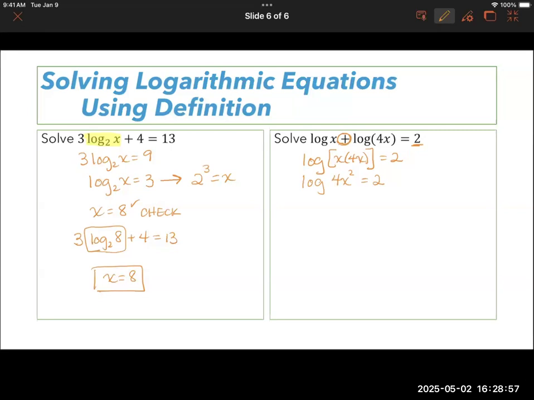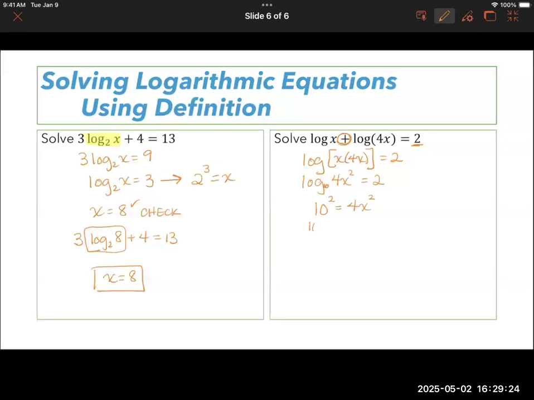Okay, now this log, because there wasn't anything written here as a subscript, means it's a common log, and automatically that means the base is 10. So when I go to rewrite this in exponential form, I'm going to be taking 10 to the second power and setting it equal to my 4x squared.